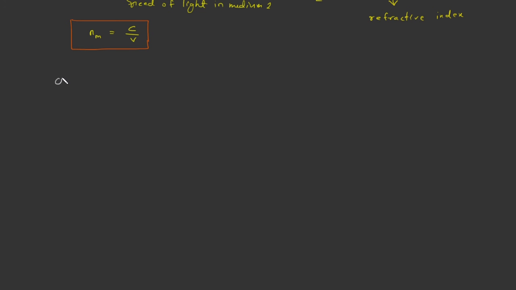Before concluding, let us understand one more term, that is optical density. Optical density is the ability of a medium to refract light. So it is not the same as the mass density. Here the optical density is the ability of a medium to refract light.